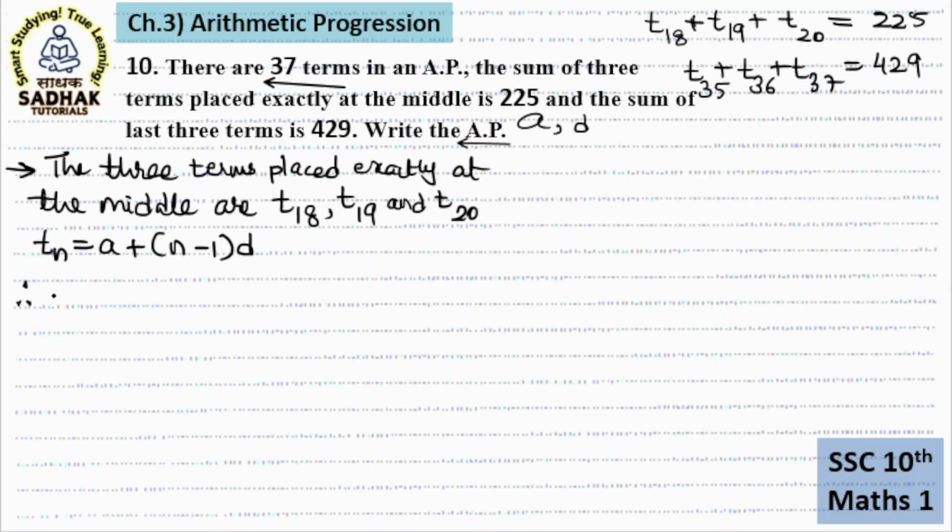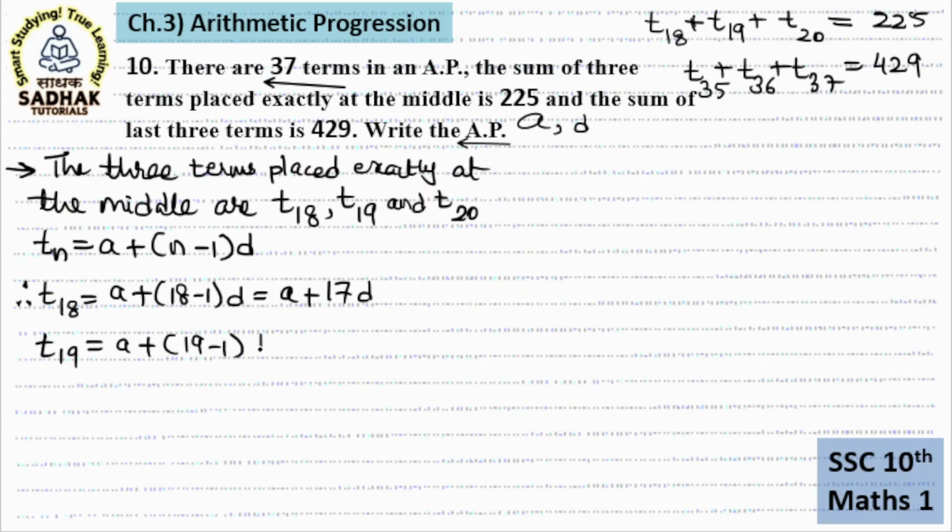Therefore our T18, that is the 18th term, will be A plus 18 minus 1 D, so that will give us A plus 17D, right? And T19 will be A plus 19 minus 1 D, so that is A plus 18D, okay?